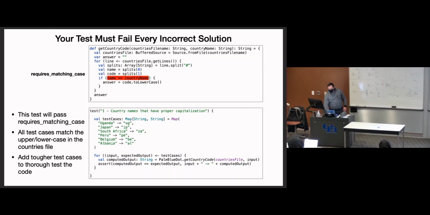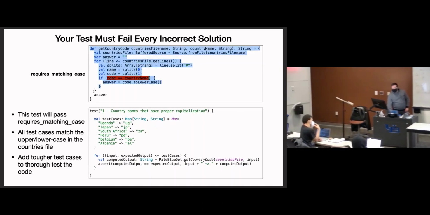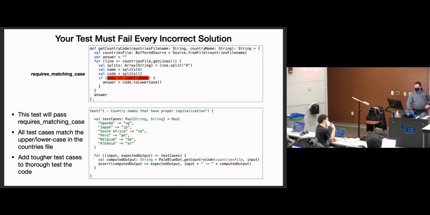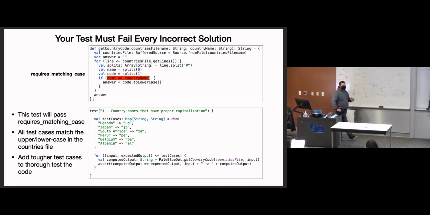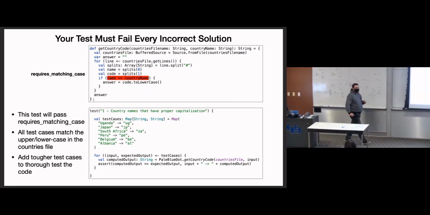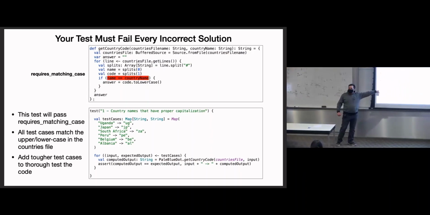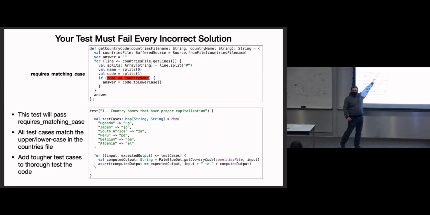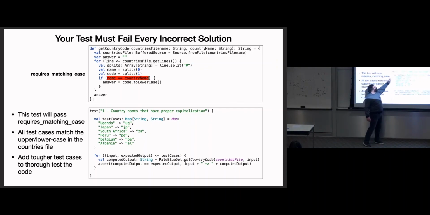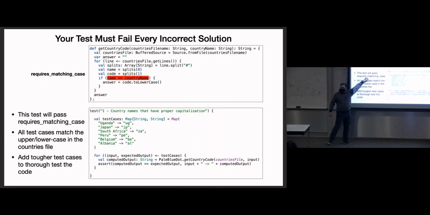But this incorrect solution, again, this is the wrong solution. This doesn't do what it's supposed to do, but it passes all of these tests. So this test suite is going to mark this solution as correct. So we want to have at least one test case that mixes up the capitalization and finds that bug. We want to expose that bug and say, that's not right.